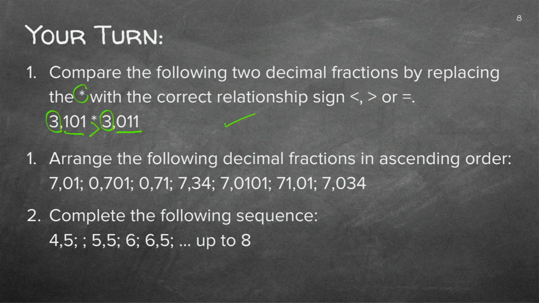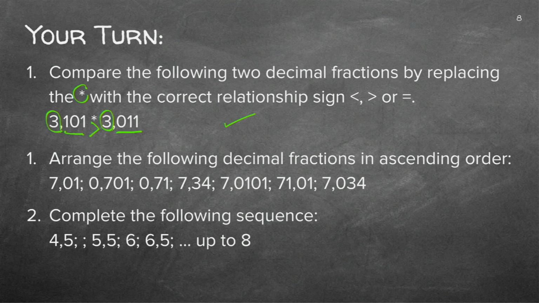This one, arrange the following decimal fractions in ascending order. So we know by now it is from the lowest to the largest. So we're going to need a piece of paper for that to see how you did.